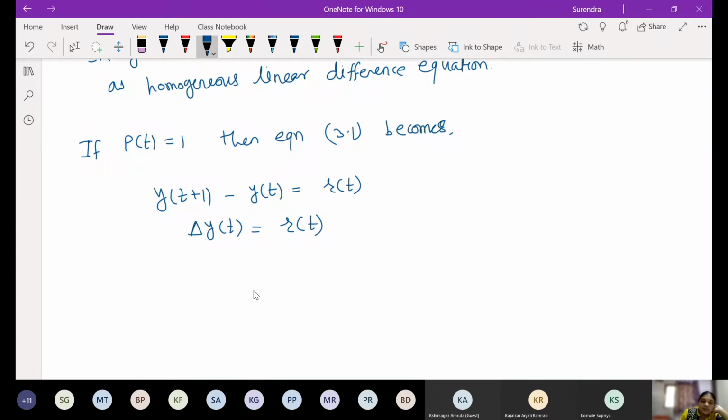If p of t is equal to 1, I can directly simplify this by taking summation on both sides.